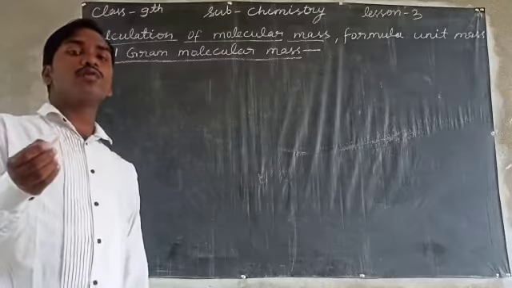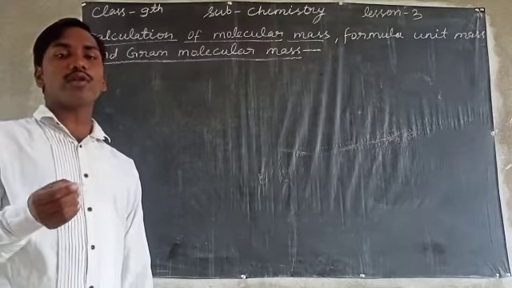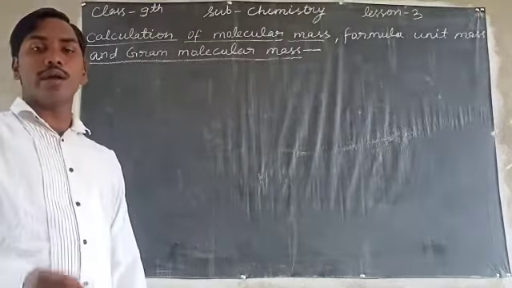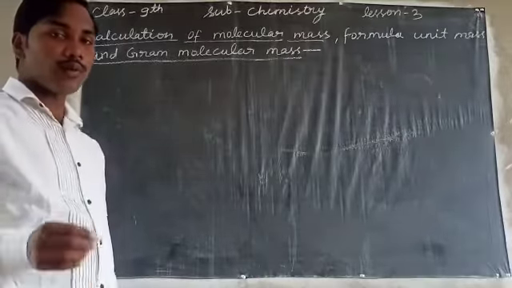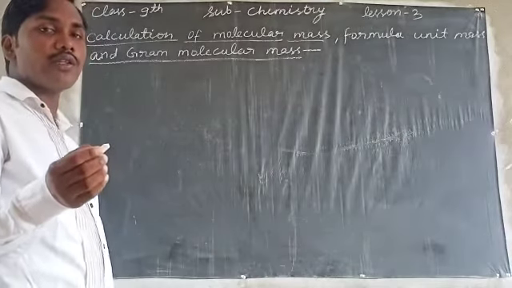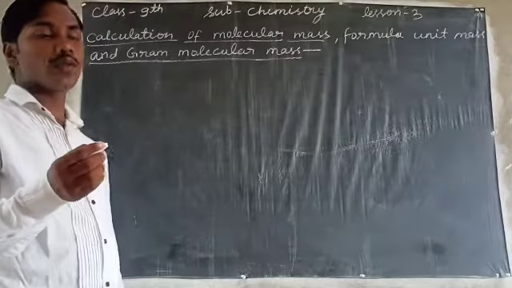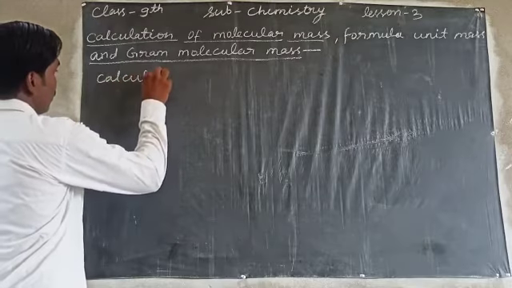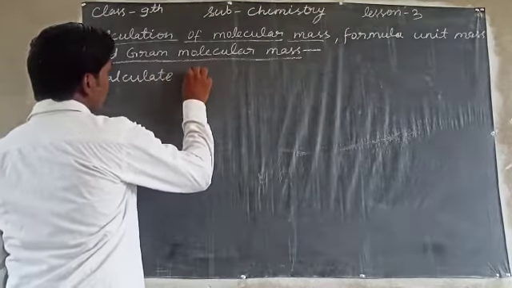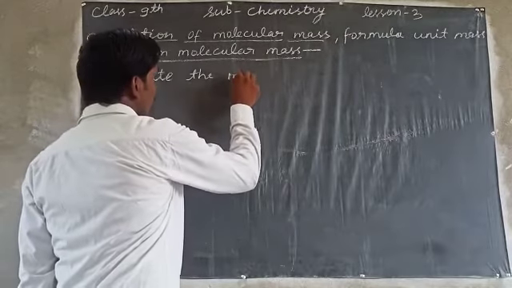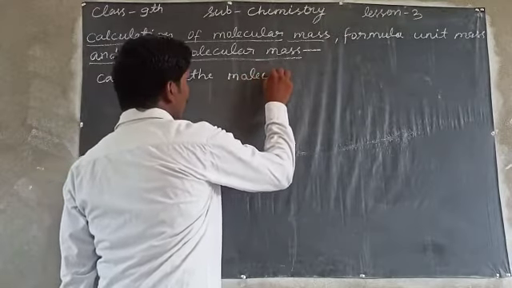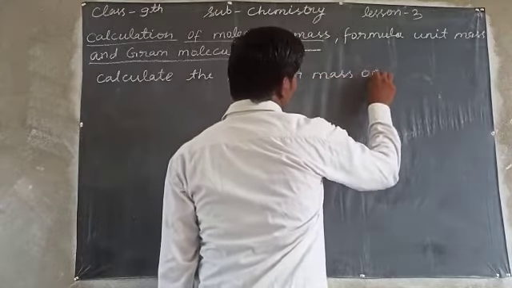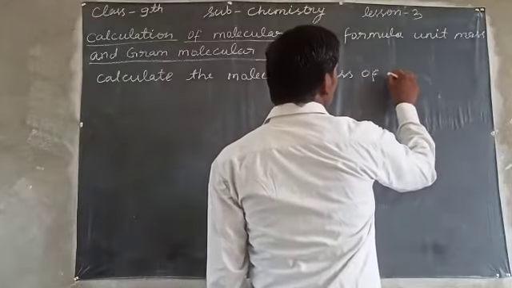So now we will discuss how to calculate the molecular mass, formula unit mass and gram molecular mass. First of all, I will tell you to calculate the molecular mass. So for example, calculate the molecular mass of sodium bicarbonate.